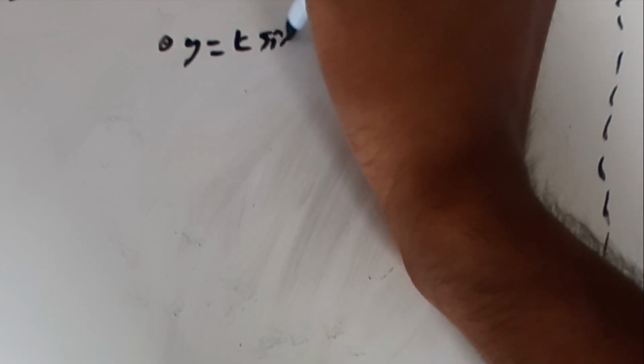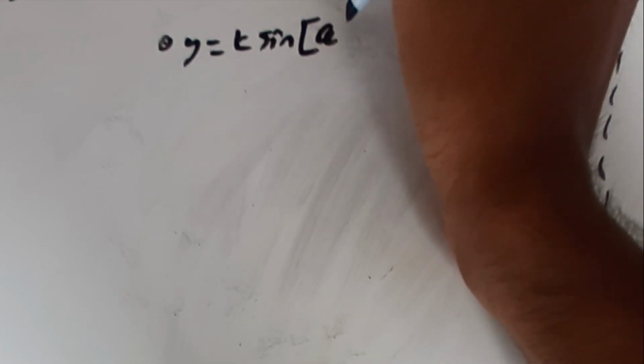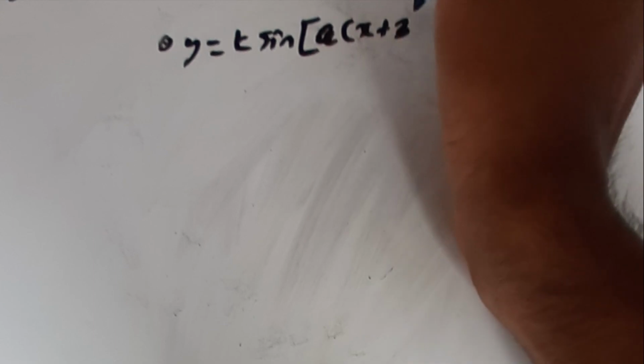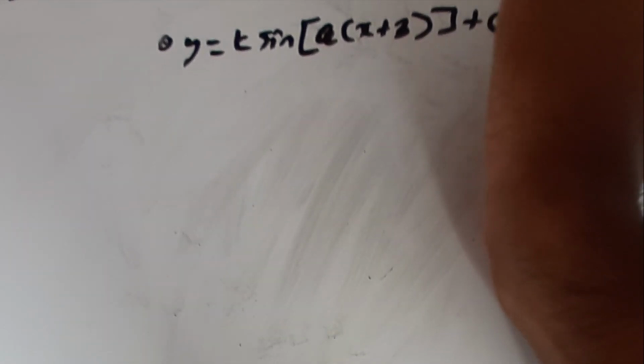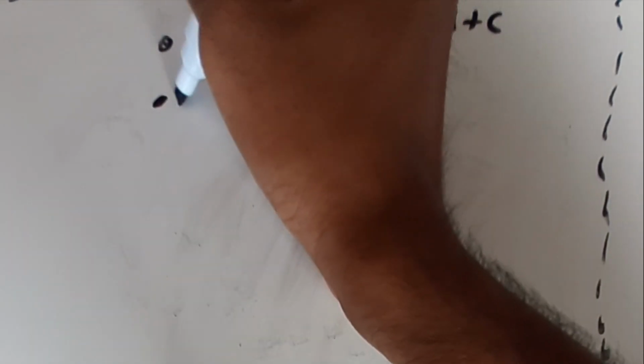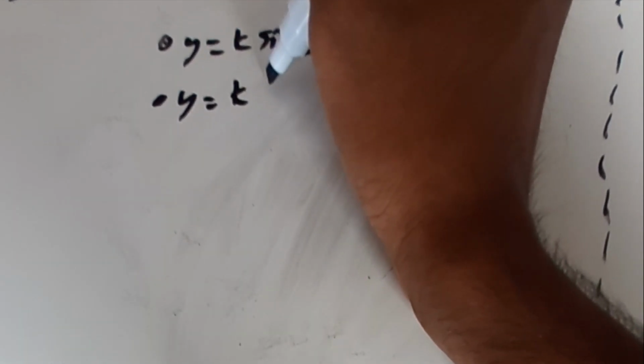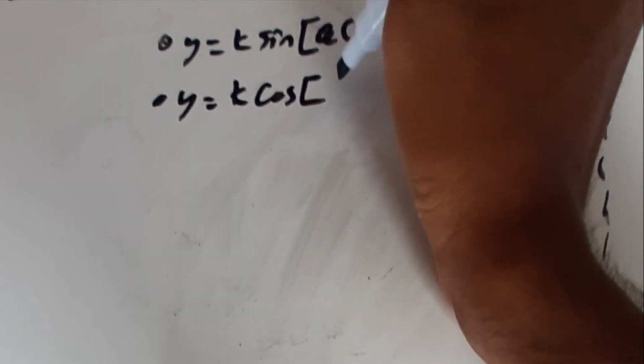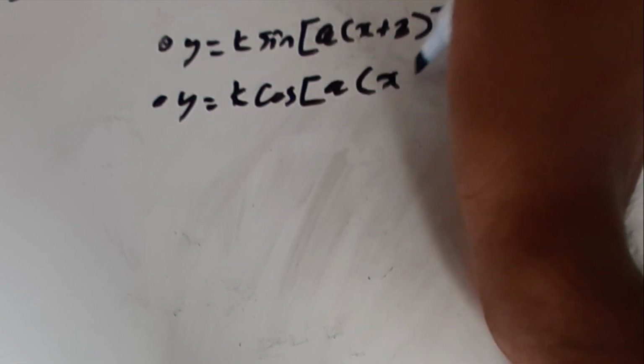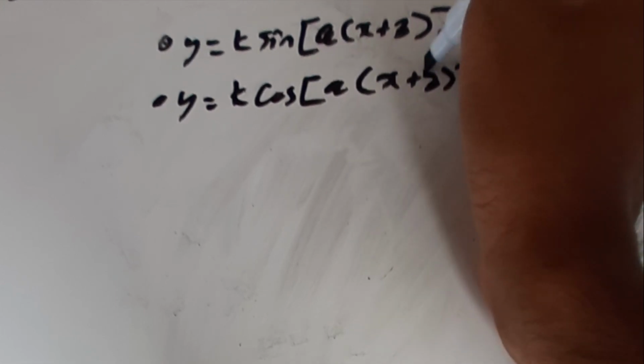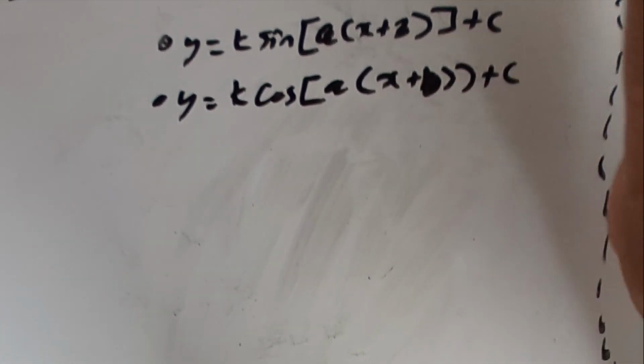In summary, the combined transformations of trigonometric functions can be modelled as y equals k sine brackets a brackets x plus b brackets plus c, that's for sine. For cos, very similar, k cos brackets a brackets x plus b brackets plus c.